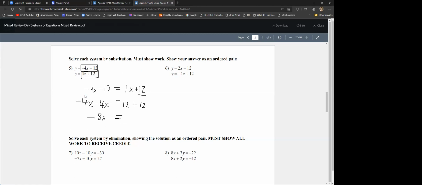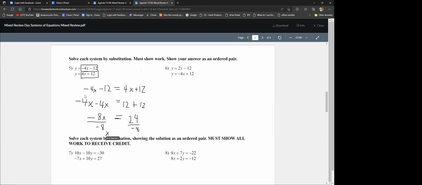Both are positive, yes. 24. Okay, so now what do we do? Divide by 8? Divide by how much? Just the number, negative 8.